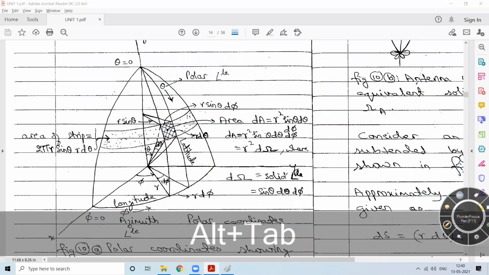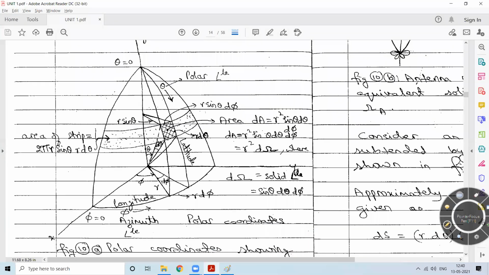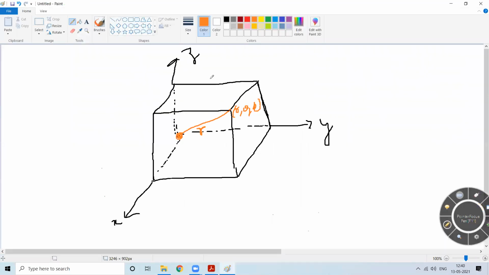So we are considering a point over here which is at an angle theta and at an angle phi. This one makes an angle phi, and this one makes an angle theta.